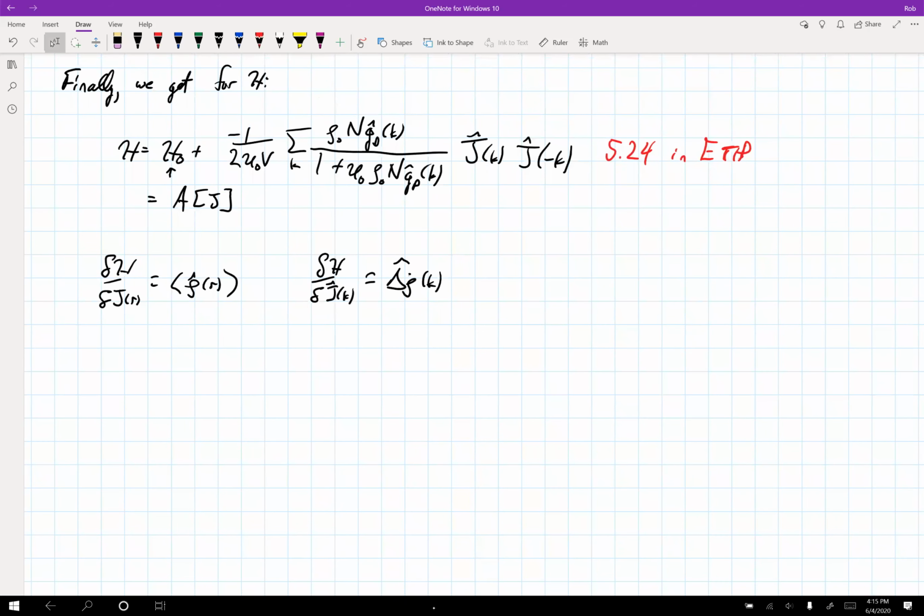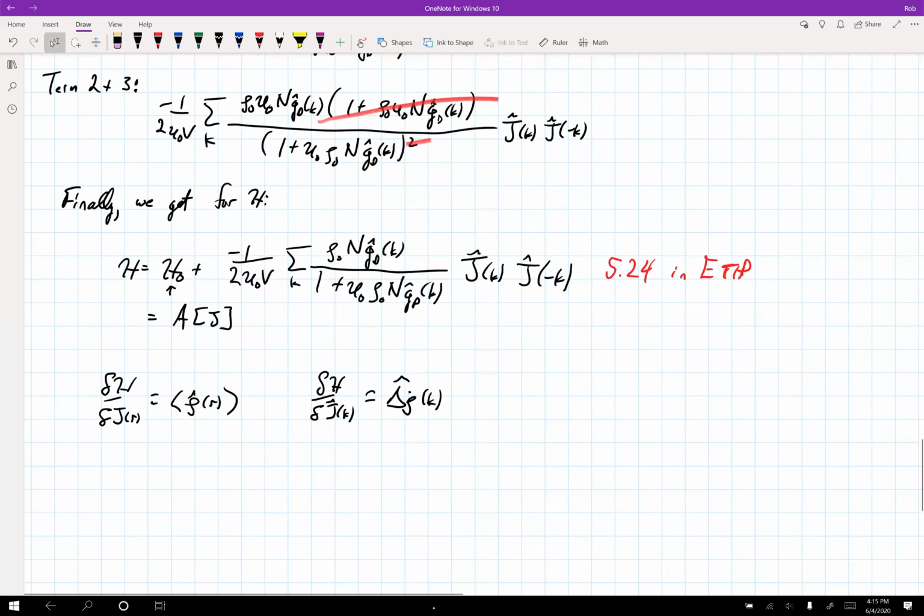Let me see what else. We should have another simplification that we can make. Oh, yeah. So I missed this u naught when I copied this down. So this guy should be there, and then that kills off the one that's in the prefactor.